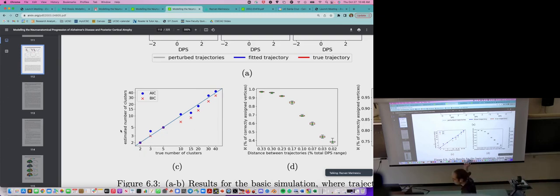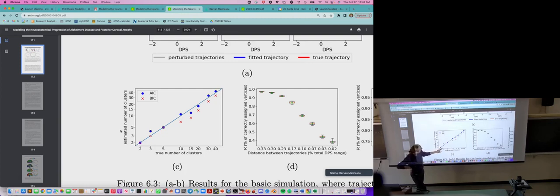And we had the same problem in our case: we did not know how many clusters we had in the brain imaging data. So we use AIC and BIC to estimate that hyperparameter and help us find an optimal one. And here is, for example, the true number of clusters. This is a simulation, so we know the true number of clusters. And this is the estimated one.